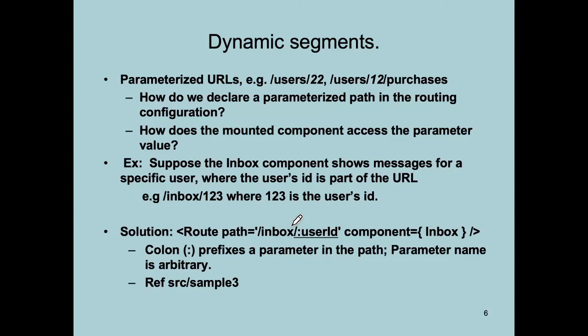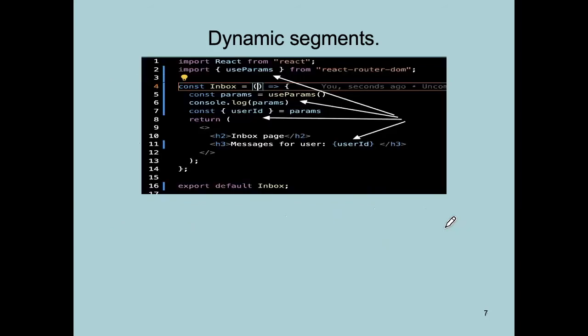So that's how we express a parameterized URL in our routing configuration. And the second thing then is, how does the component that's mounted, which in our case is the inbox component, actually access the user ID value that appears on the browser's URL address bar? Not surprisingly, it is actually passed as a prop, but we don't need to access it directly as a prop.